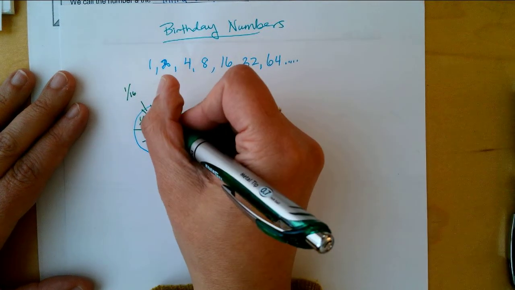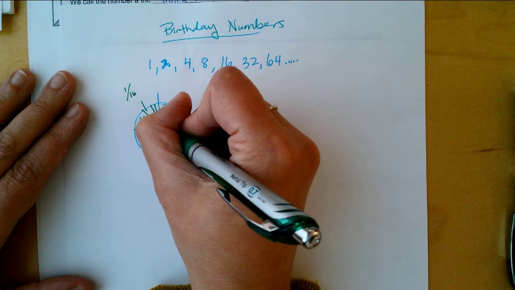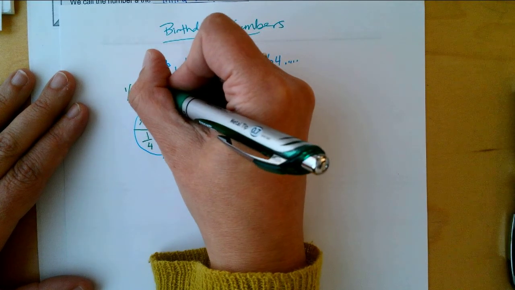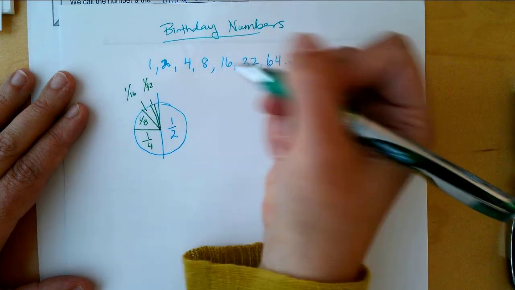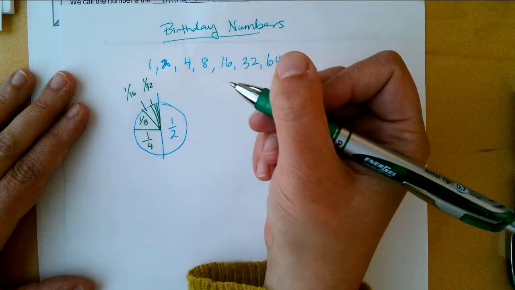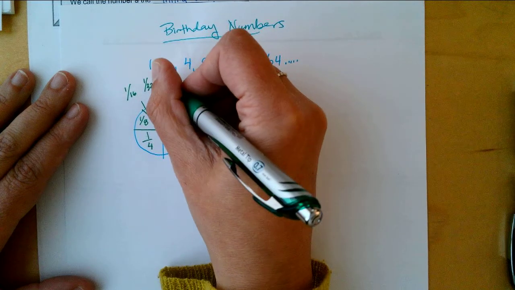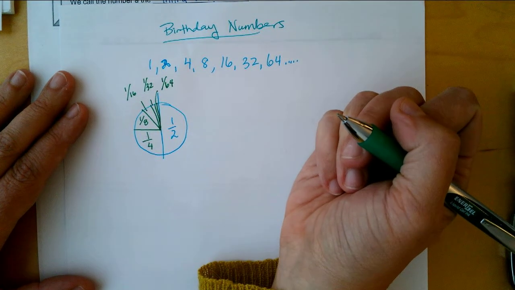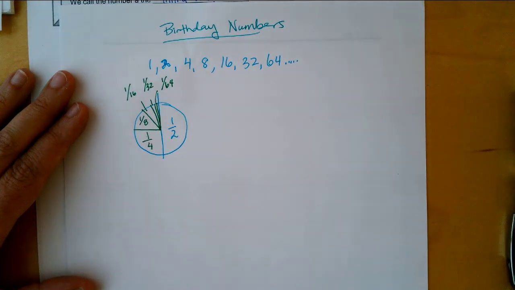If it eats half of the 16th, how much did it eat? Yes. And then if it eats half of that, it's getting hard to draw, right? It eats what? 1/64. So will the Cookie Monster ever eat the entire cookie?